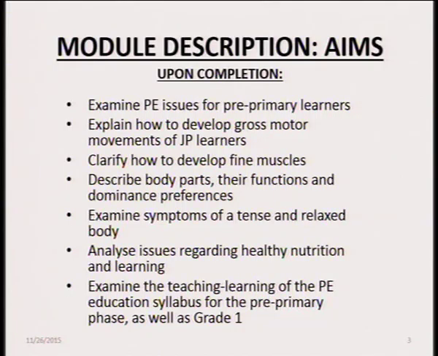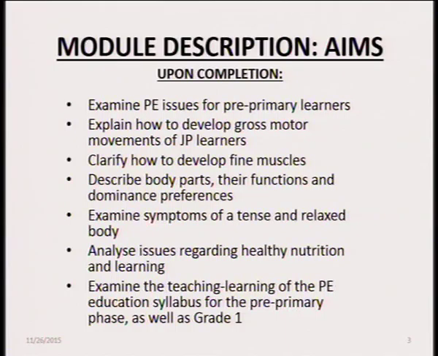Now, the module description, the aims. Upon completion, you should examine PE issues for the pre-primary learners. You should explain how to develop gross motor movements of junior primary learners. You should clarify how to develop fine muscles.